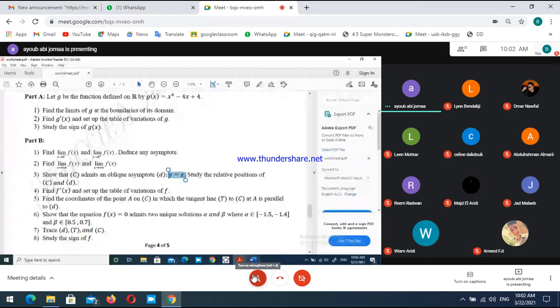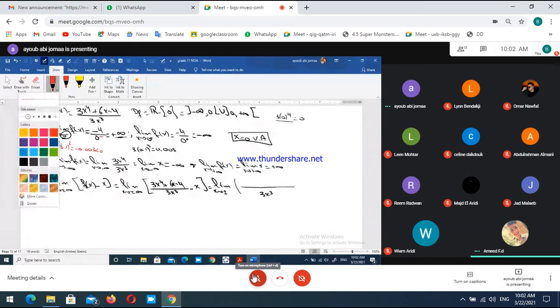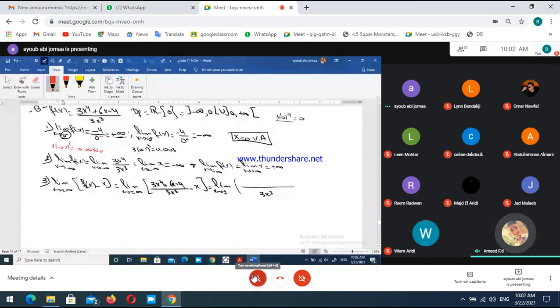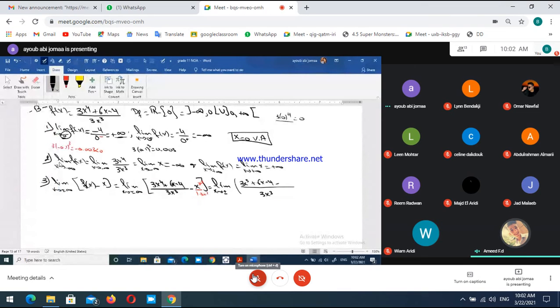Continue, Omar. Okay professor, now we make a common denominator: x times 3x to the power 3. So we multiply by 3x power 3. So 3x power 4 plus 6x minus 4, minus x times 3x power 3, which is 3x to the power 4.